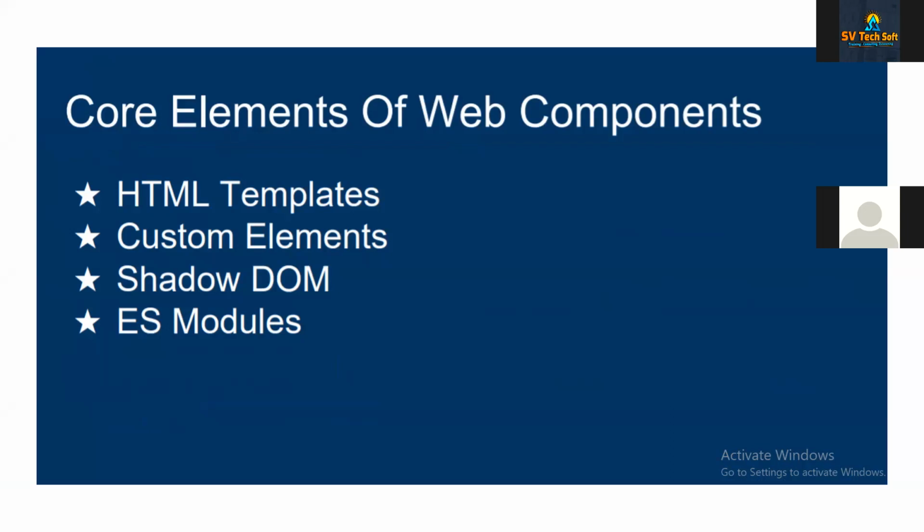This slide talks about those: HTML templates, custom elements, shadow DOM, and the ECMAScript modules. The latest ECMAScript which we are using is ECMAScript 6, and Lightning Web Component uses these modules of JavaScript. So that is a very important feature of LWC.